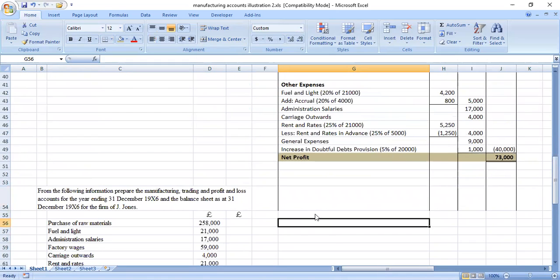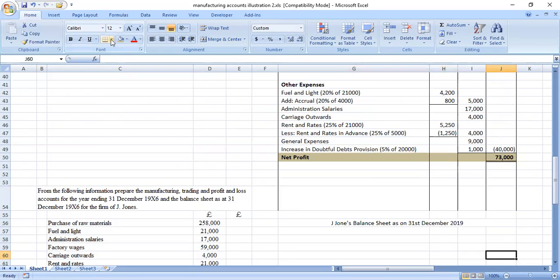So it's the balance sheet of J. Jones, J. Jones balance sheet as on 31st December, say 2019. So I merge and center that and draw the columns.